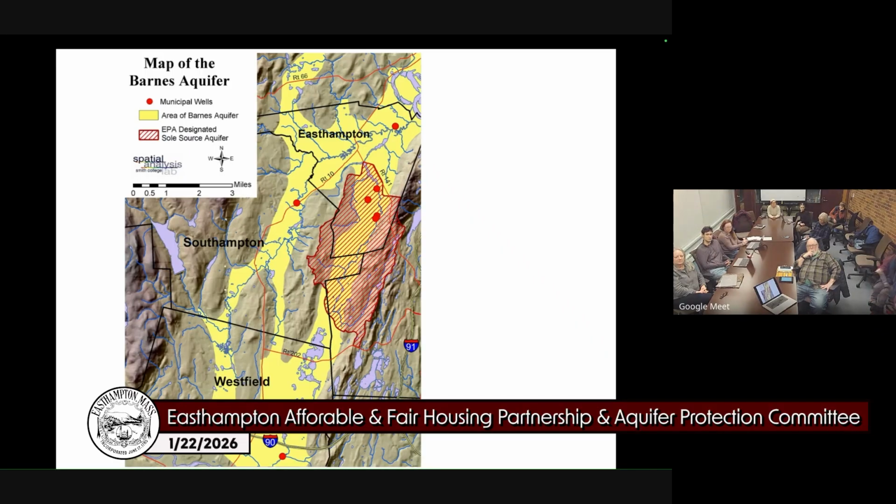And to start out with, here's the Barnes Aquifer. I want to point out a few things about it that you may or may not know. The aquifer is shown in yellow here. There are three parts to it that operate as essentially three independent systems. The first is the Broad Brook part of the aquifer.